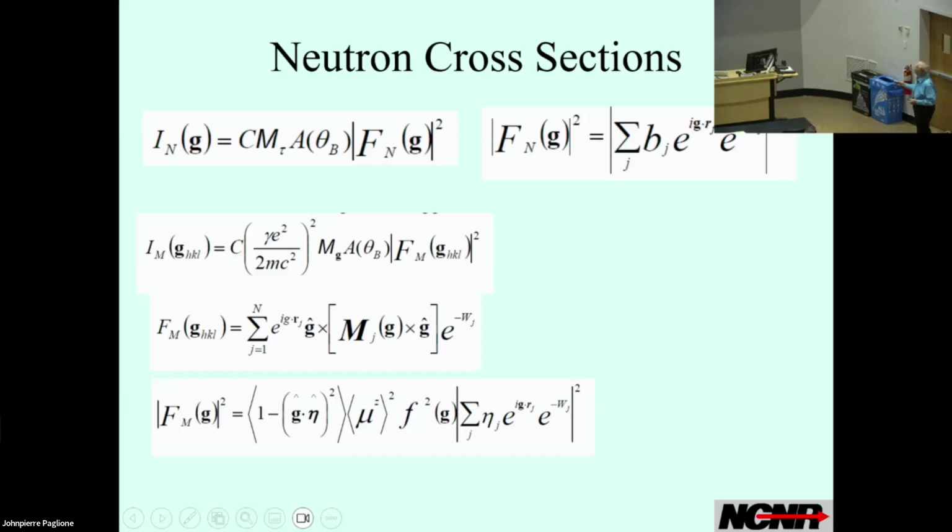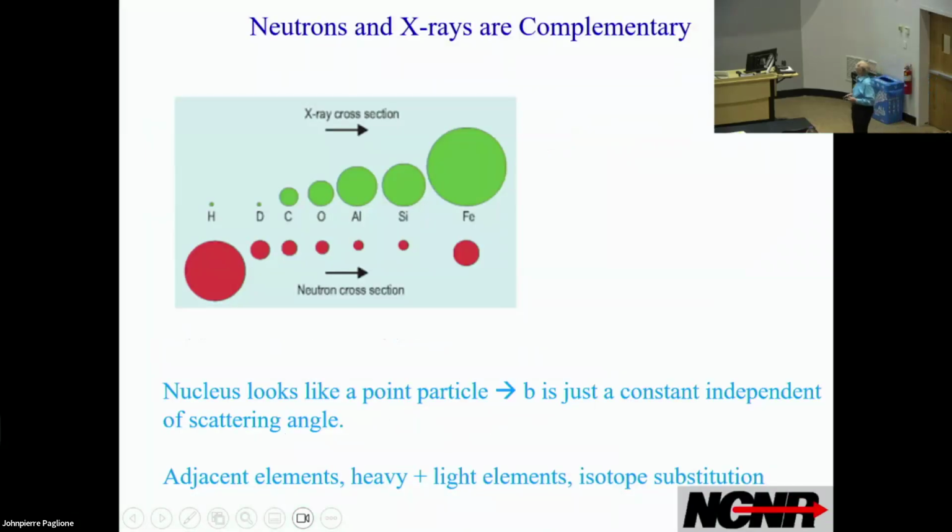Magnetic scattering gives you information about the average magnetic moment in the system, the ordered moment, the spatial distribution of the magnetic electrons, and of course the structure and spin directions.